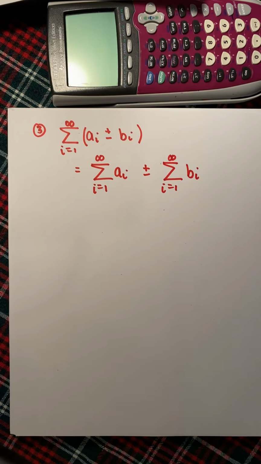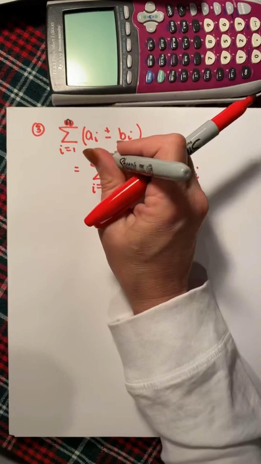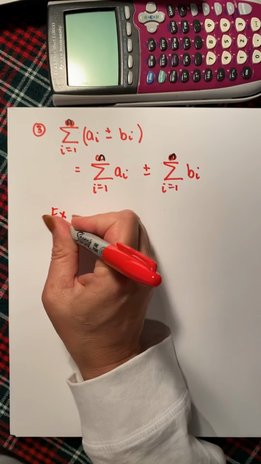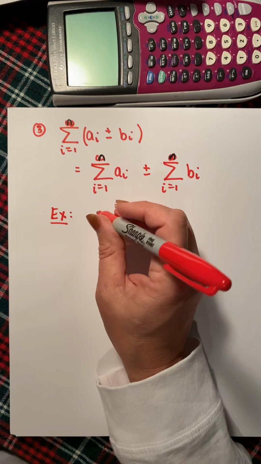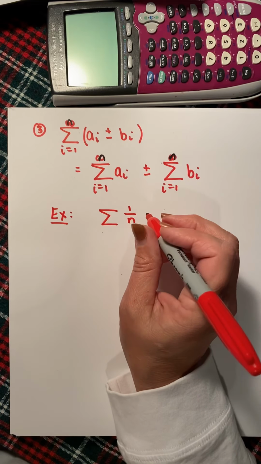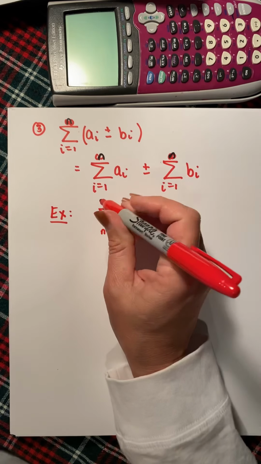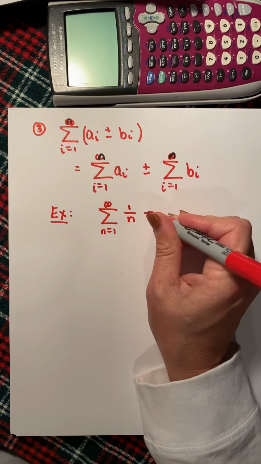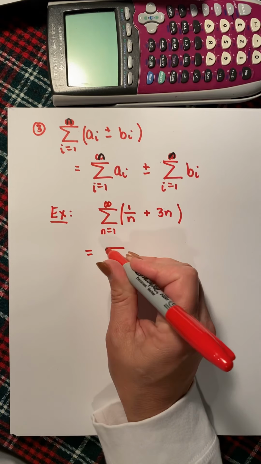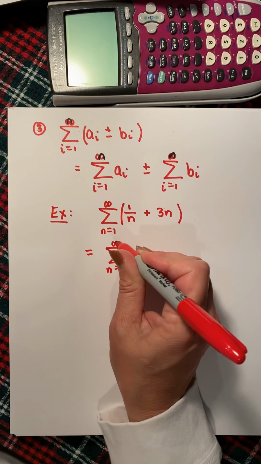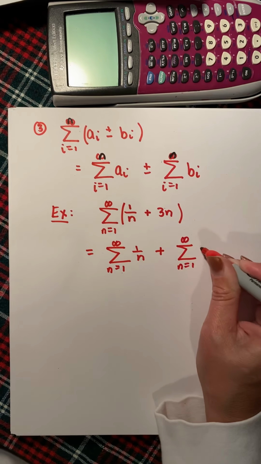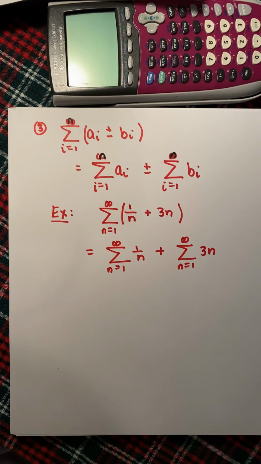This works for both infinite and finite series, so I could go up to n, or I could go up to infinity. For example, suppose we had the sum from n equals 1 to infinity of 1 over n plus 3n. This says we could look at this and study it as 2 separate entities: the sum from n equals 1 to infinity of 1 over n, plus the sum from n equals 1 to infinity of 3n. So we could study them separately if necessary.